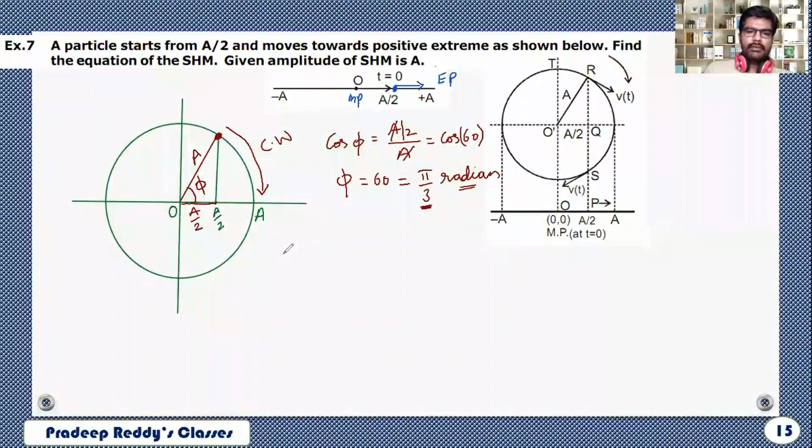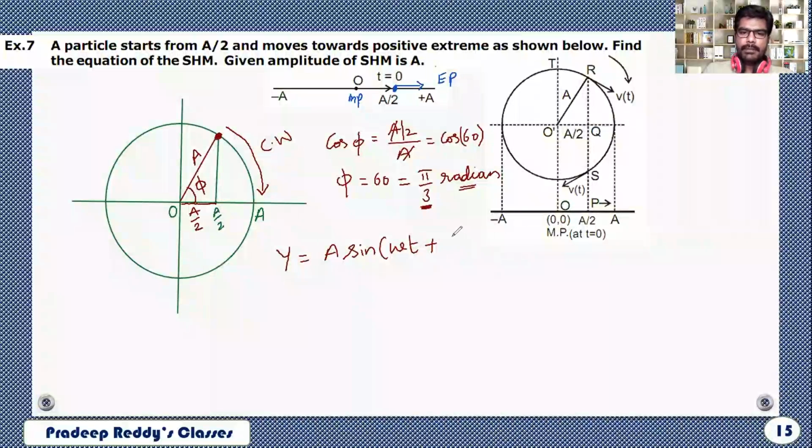So I can write the equation for SHM as y is equal to a sine of omega t. See here, if the particle is on the right side of the mean position, you will take the phase difference positive. If the particle is on the left side of the mean position, you will take the phase difference negative. In this case, we should take the phase difference positive because the particle is on the right side of the mean position.